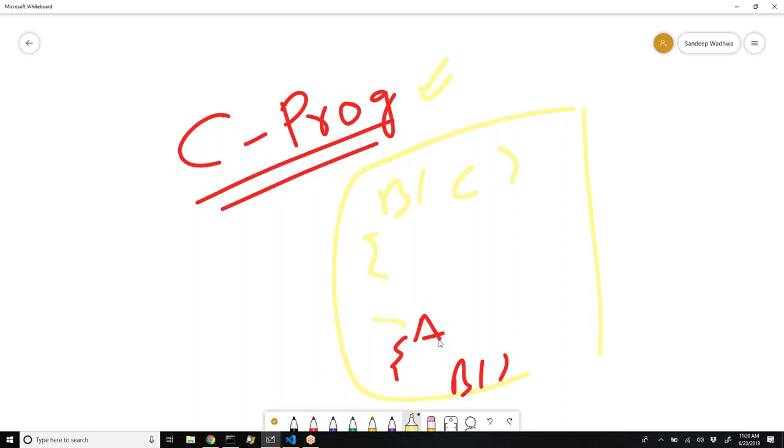So when we say there is a C program given, each function makes some other call. This is your starting function, it makes calls to B, you get a dependency relationship. When will recursion be there? If a function calls itself, that is direct recursion, or if A calls B, B calls C, C calls A again, that is indirect recursion.